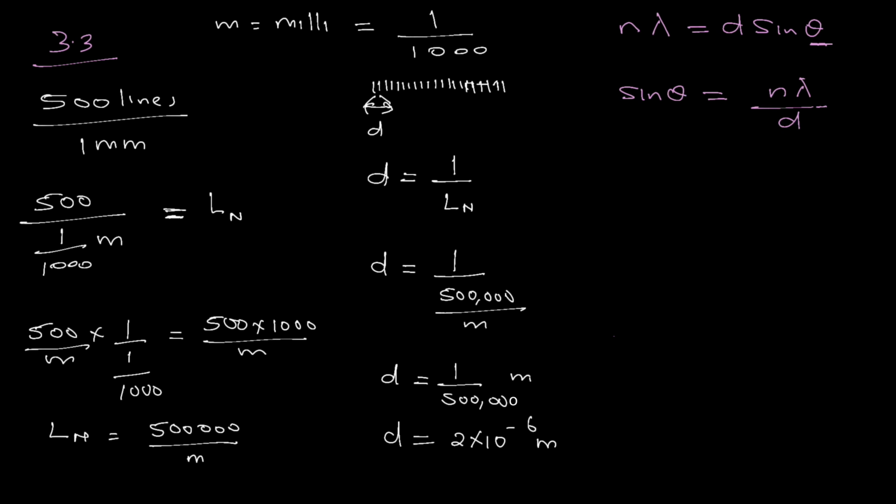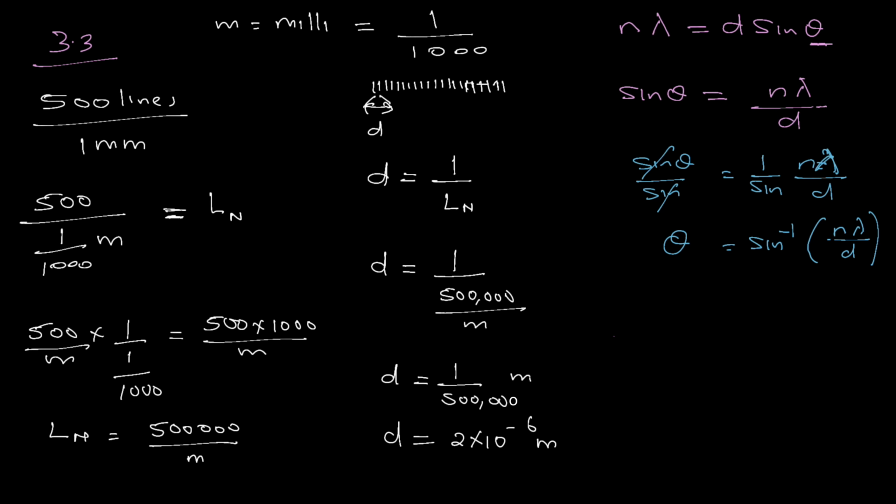And if I divide both sides by sine, I get sine theta over sine equal to n lambda over d. 1 over sine is basically sine to the power minus 1, and that will be sine to the power minus 1 of n lambda over d, and sine cancels sine, so I get theta.